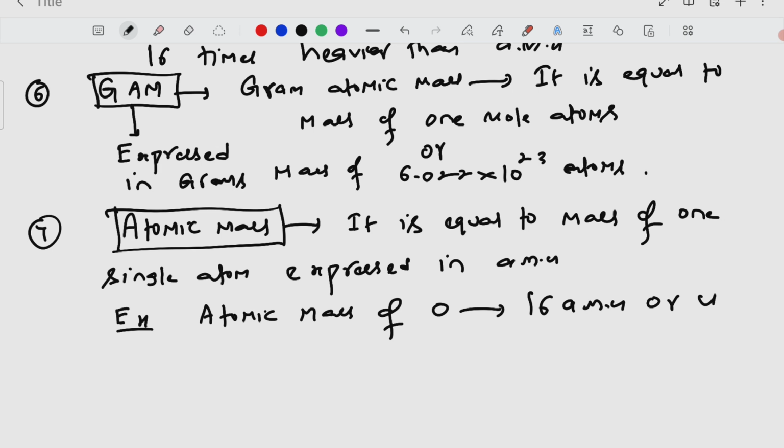I am repeating, you can also mention U; U refers to unified mass. The difference between atomic mass and gram atomic mass: atomic mass is the mass of a single atom of the element. Gram atomic mass is the mass of 1 mole of atoms of the given element.